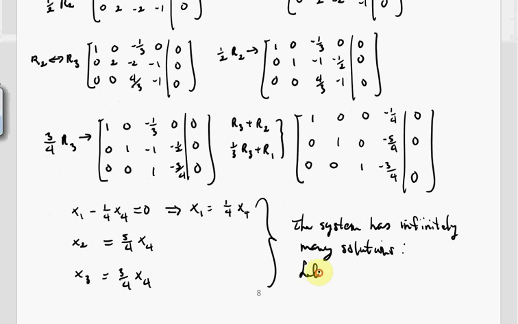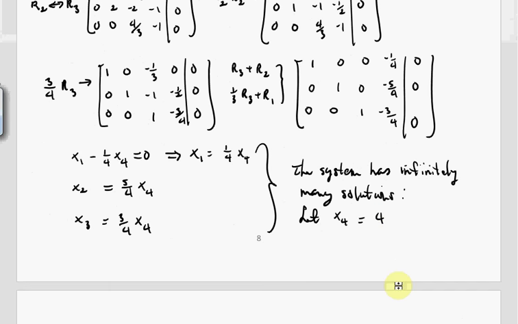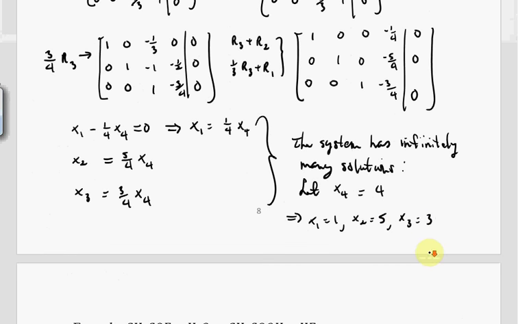so here, let x sub 4, I'm just going to try to make the numbers smooth, let x sub 4 equal 4. So if x sub 4 is equal to 4, that implies that x sub 1 is equal to 1, x sub 2 is equal to 5, x sub 3 is equal to 3. Right?